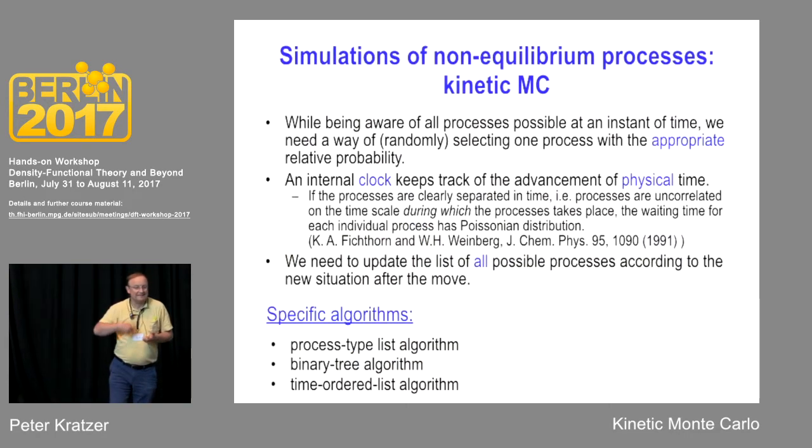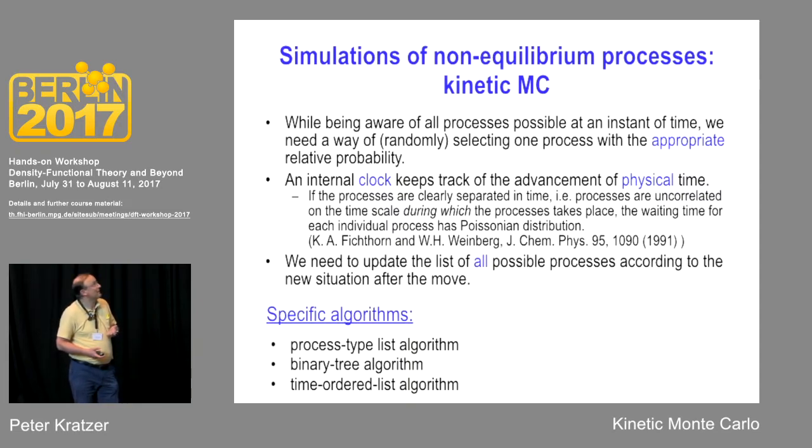Now doing the step to kinetic Monte Carlo. Kinetic Monte Carlo means time has to come in. In Monte Carlo, we just have simulation steps, but we don't know what is the physical time that belongs to a certain simulation step.